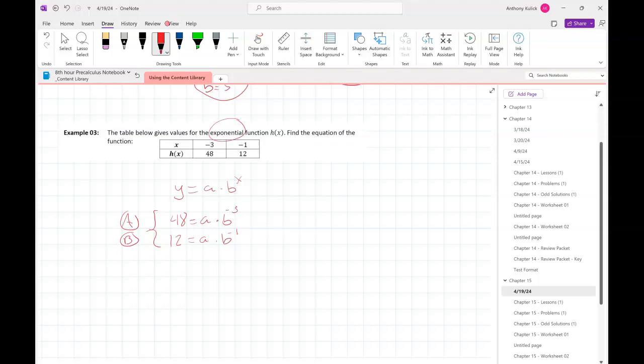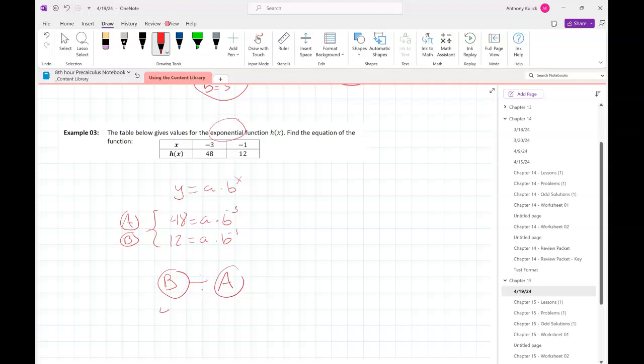So I have a choice between equation A or equation B as to which one I want to be the numerator of that division problem. I always pick the bigger exponent of b to be the numerator. So that would be equation B, because -1 is bigger than -3.